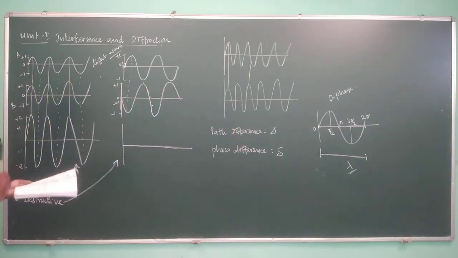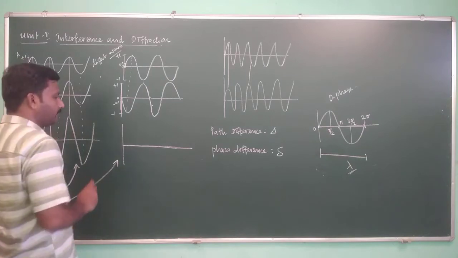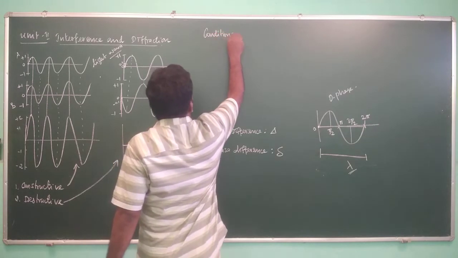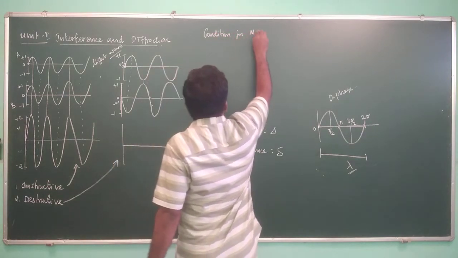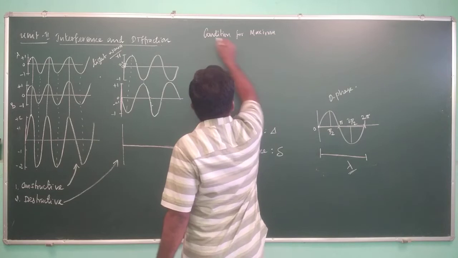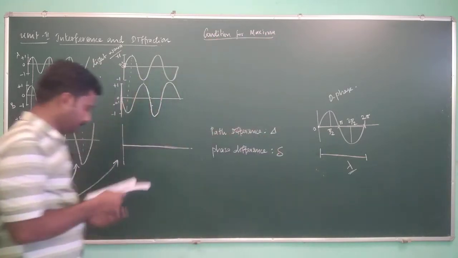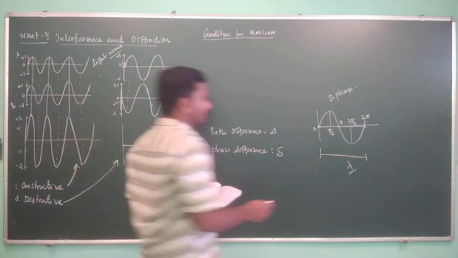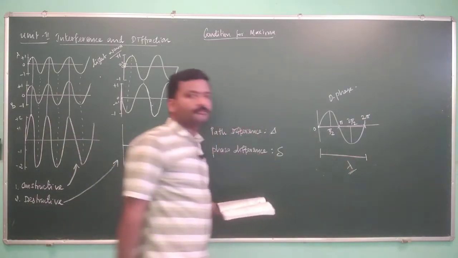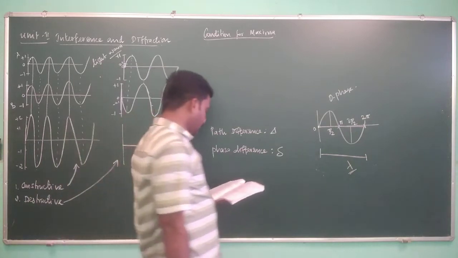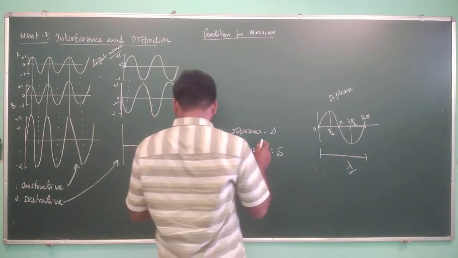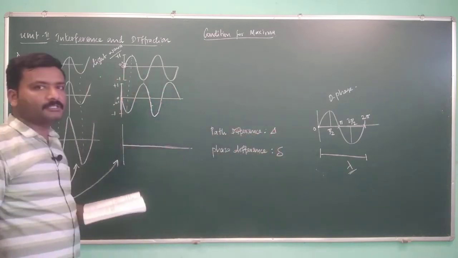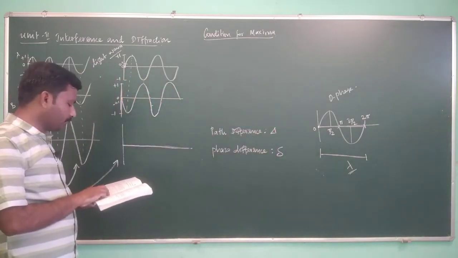Now let's write the condition for maxima. Here, let lambda be the wavelength of the interacting waves, small delta be the phase difference, and capital delta be the path difference.